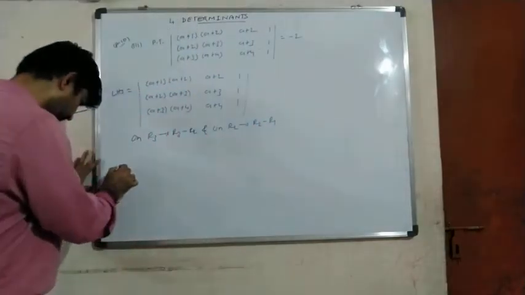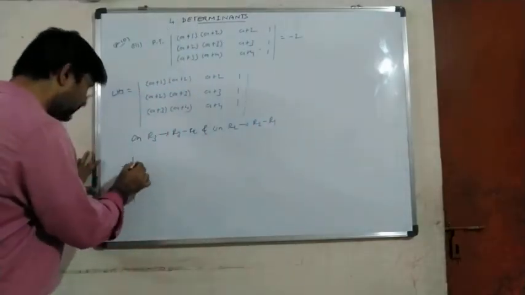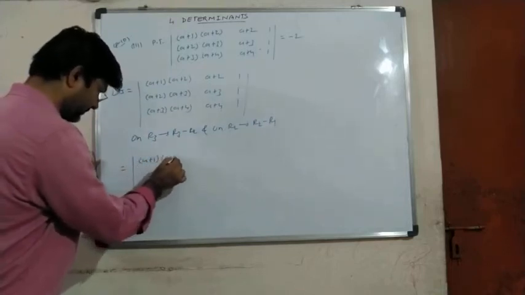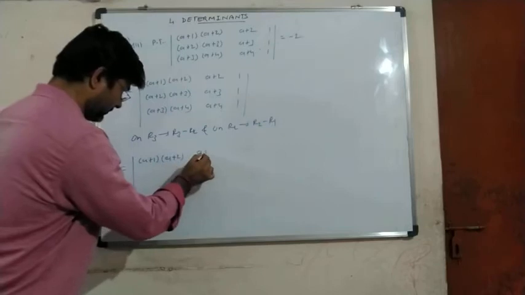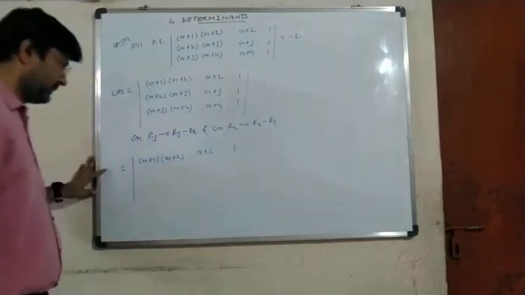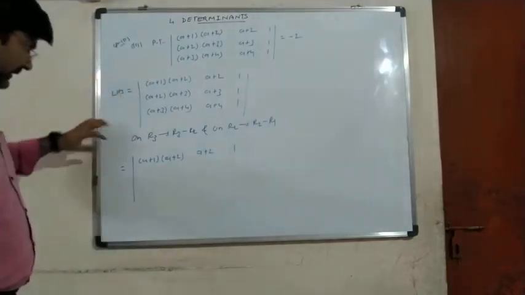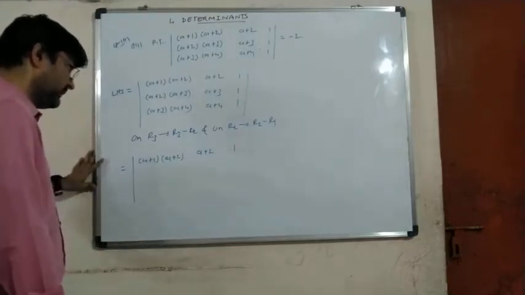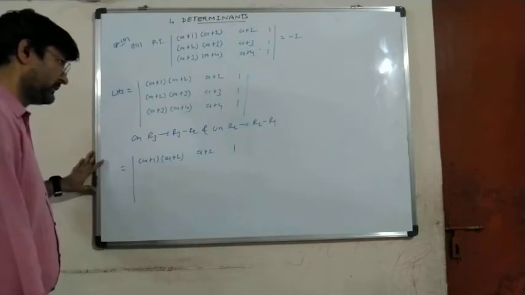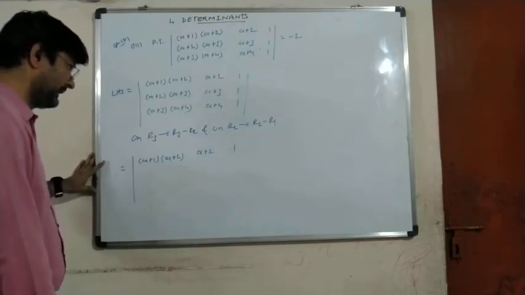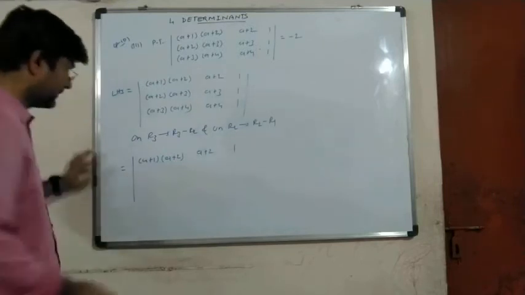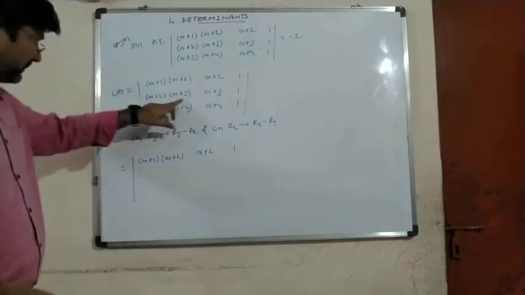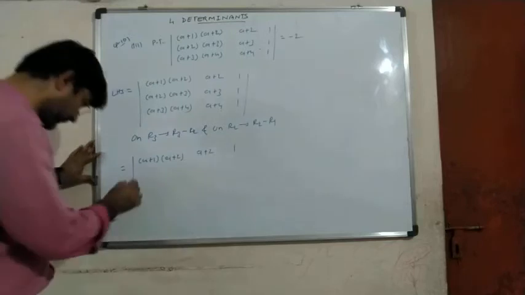There will not be any change in the first row, so let me write the first row as it is. Now R2 minus R1: a plus 2 minus a plus 1, and a plus 3 minus a plus 2, is 1 each, so the result is 1 and 1.